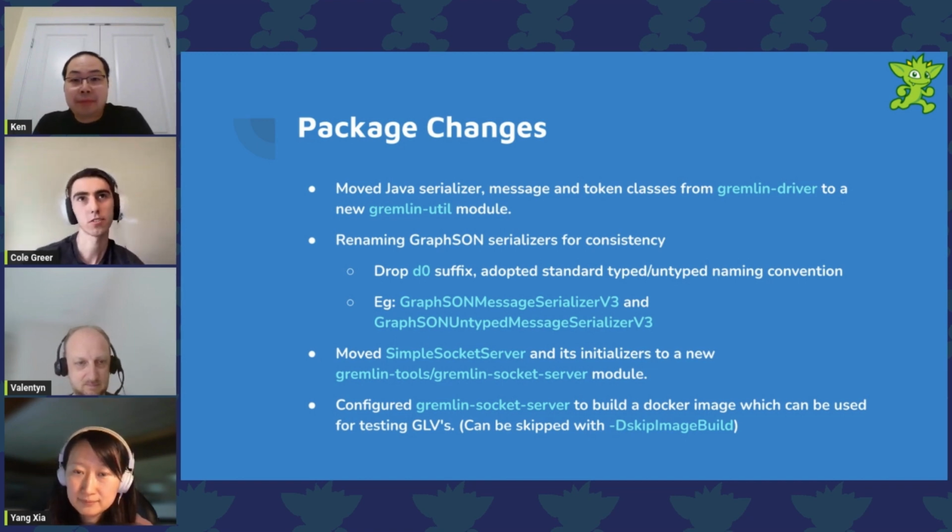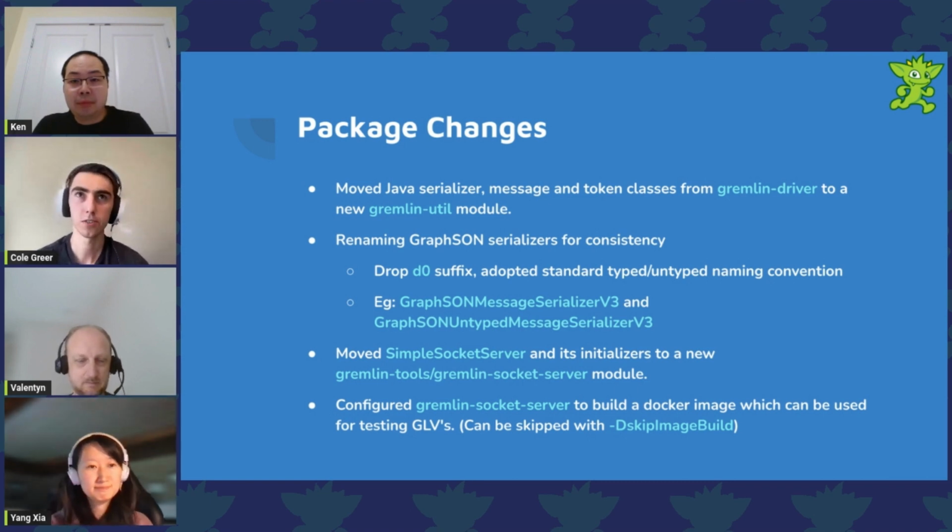So we want to extract them into their own module so that we no longer need to include the driver as a dependency of Gremlin server. Also with this move, all of those classes have had their package names updated. So instead of being Gremlin driver dot ser, I believe, they are now Gremlin util dot ser, that sort of thing. So you might need to update a few imports, but other than that, there shouldn't be any problems from this.